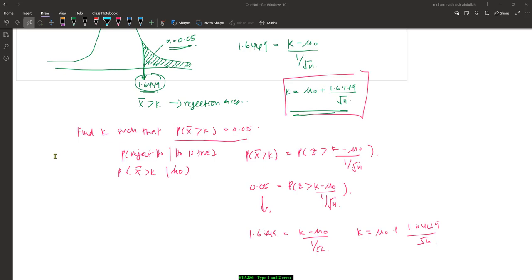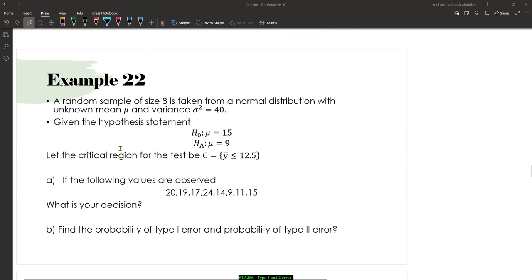Okay, so let's look at example number 22. A random sample of size 8 is taken from a normal distribution with unknown mean and variance sigma squared equal to 40.